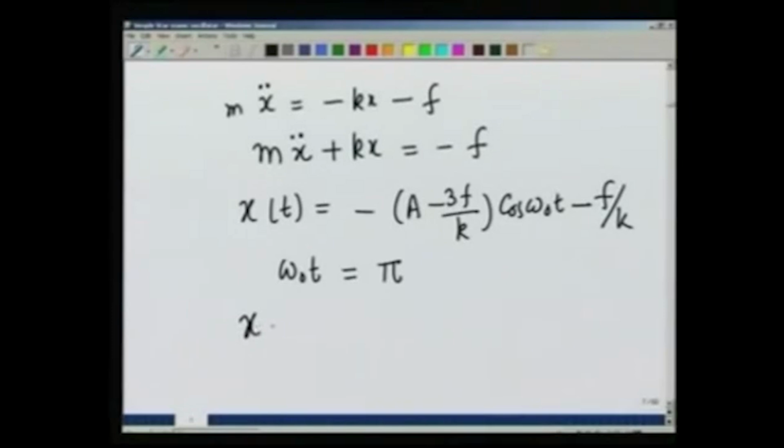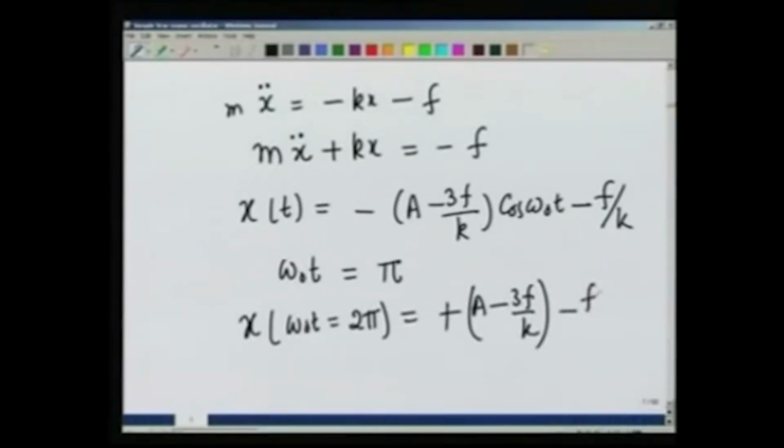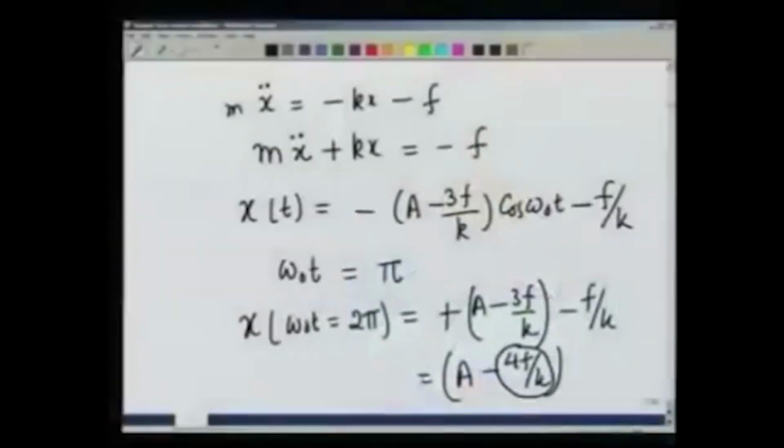Therefore, x after time such that omega 0 t is equal to 2 pi total after it started the journey right in the beginning is going to be minus a minus 3f over k times cosine pi, that will make it plus minus f over k, which is equal to a minus 4f over k. So, during the entire cycle that the particle came this way and went back, it has lost the amplitude of 4f over k.